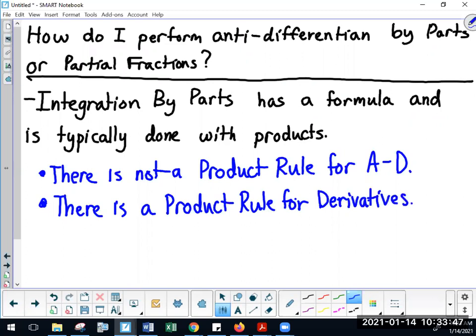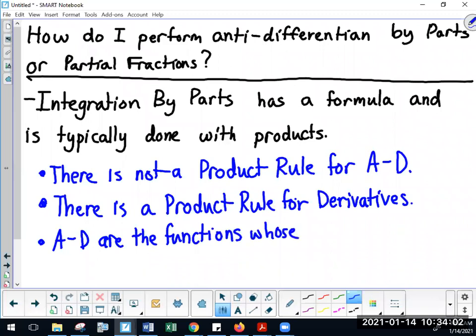And we know that antiderivatives are the functions whose equation, I'll use equation, you start with.